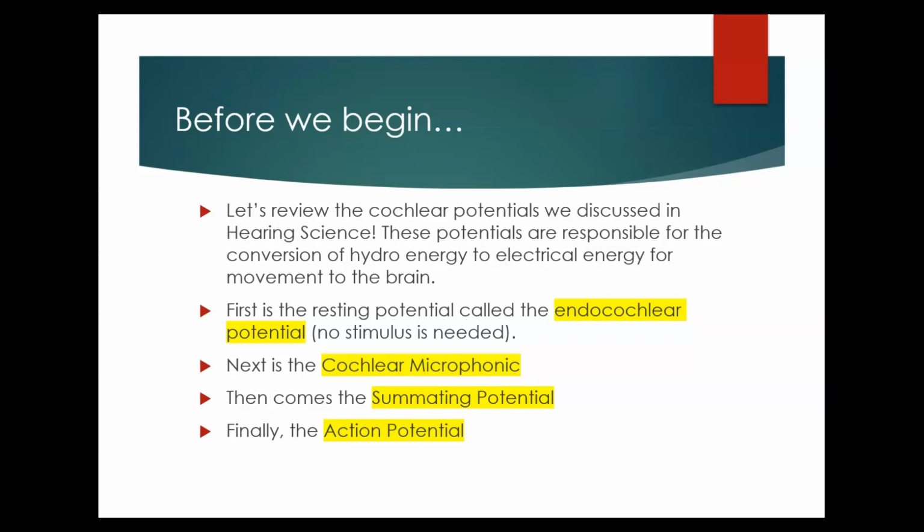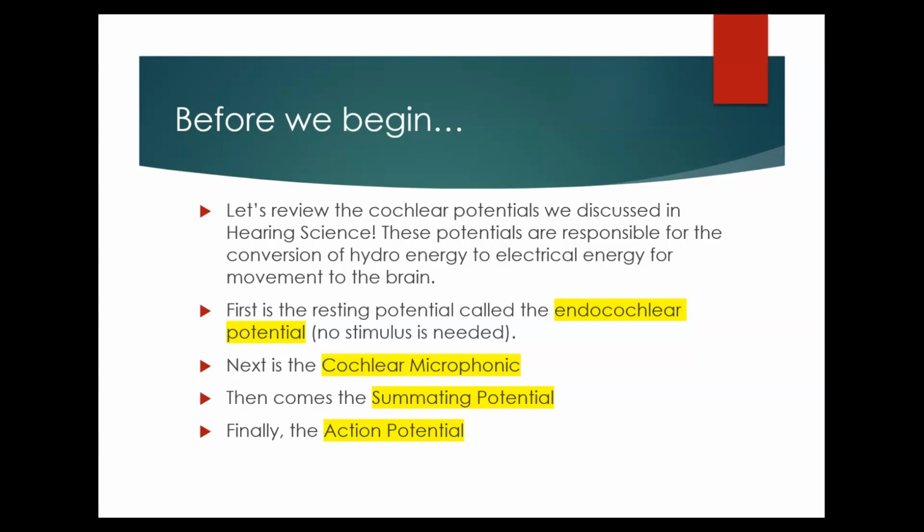So the endocochlear potential occurs even when there's not a stimulus, and it's essential for hearing. The endocochlear potential comes from the flow of potassium that's contained in the endolymph, as the potassium crosses throughout the endolymphatic spaces in that area.